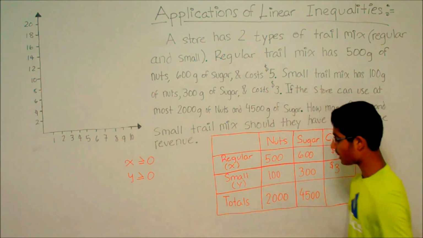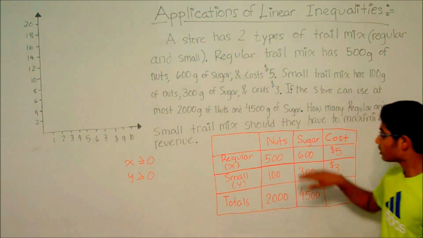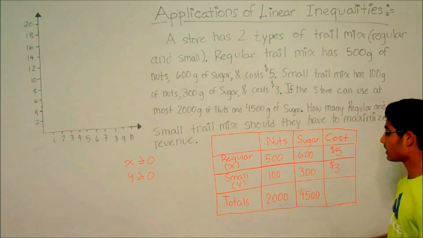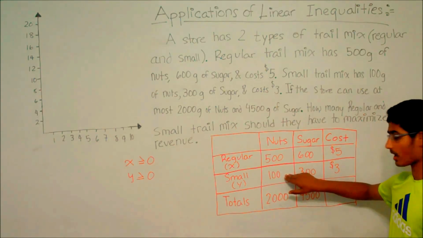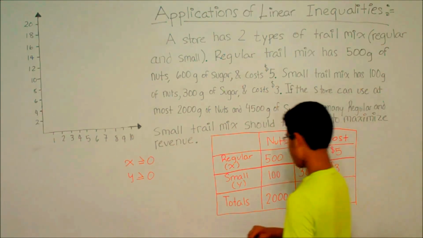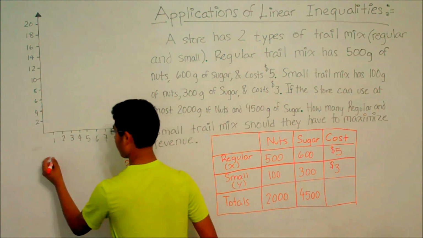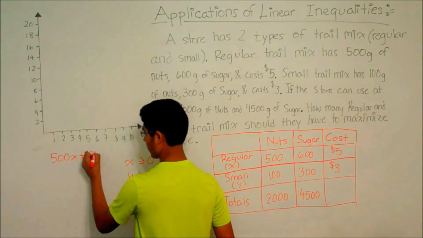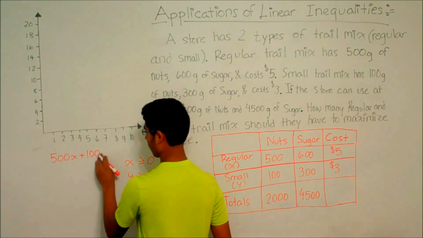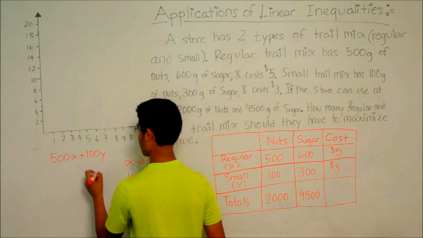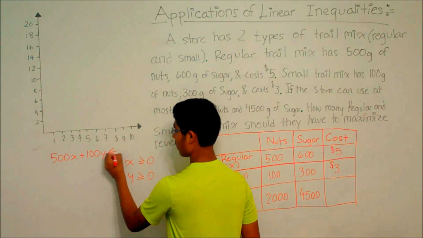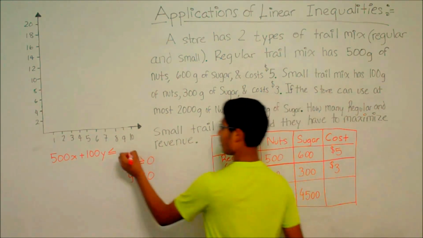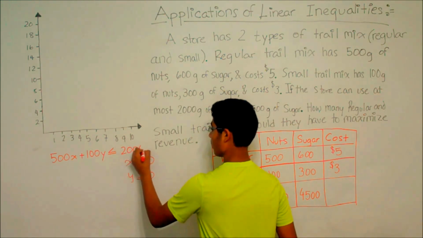And now, because we know that regular trail mix takes up 500 grams of nuts and small trail mix takes up 100 grams of nuts, that means 500x plus 100y must be less than or equal to the total, which is 2,000 grams of nuts.